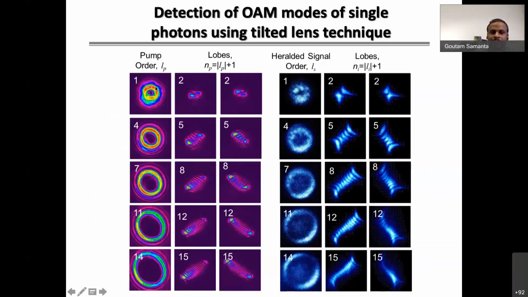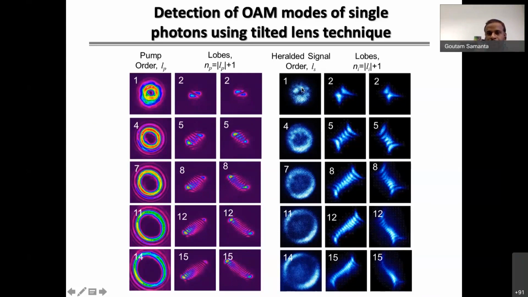So in case of pump of different vortex order, we have just gone up to the order of 14 because we are using spatial light modulators and we have the flexibility of going to higher order modes. And then you can see from the lobe structure that the pump vortex is having orders. Then we are heralding this single photon.